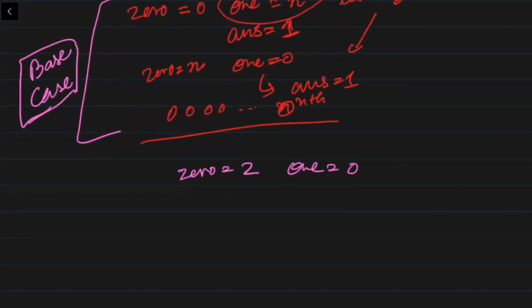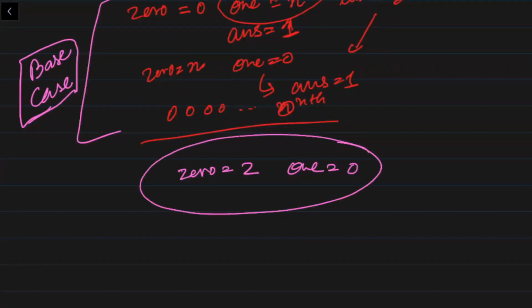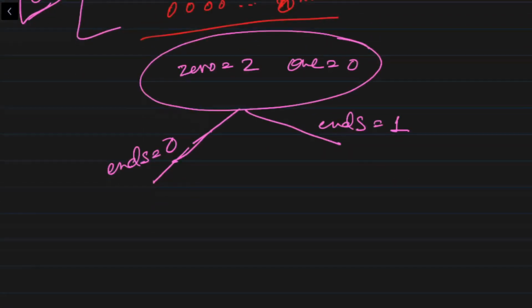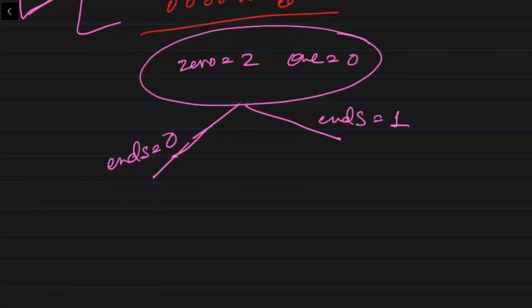So for this length we have two conditions: either it ends with 1, or it ends with 0. If it ends with 0, we have something here before that, and after that we have 0, right? If it ends with 1, we have something here, and after that we have 1, right?